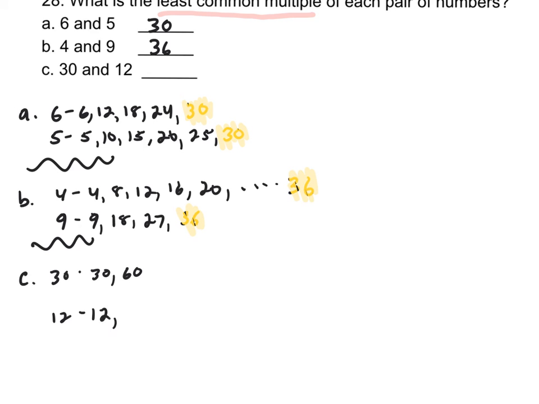And I don't need to do them all, but I'm going to do 12, 24, 36, 48, and then 60. We've got a match, and when the multiples match, that's the least common multiple, the first one that matches, so it's 60. I like the black. Let's erase that. 60. Okay, those are the solutions for day 6.